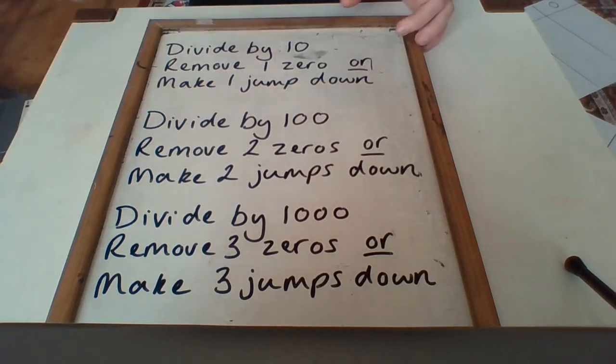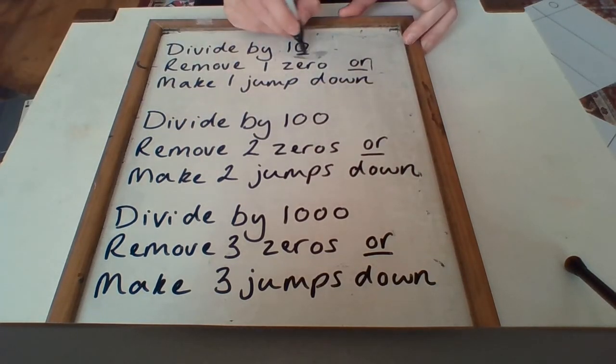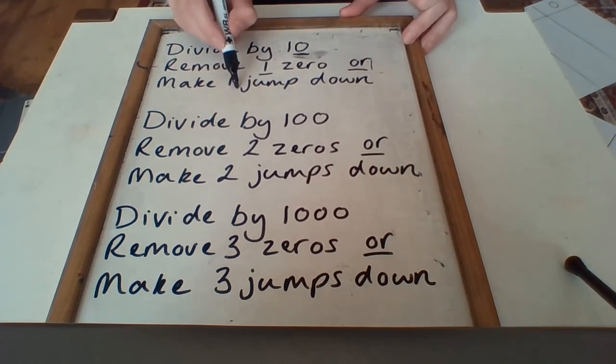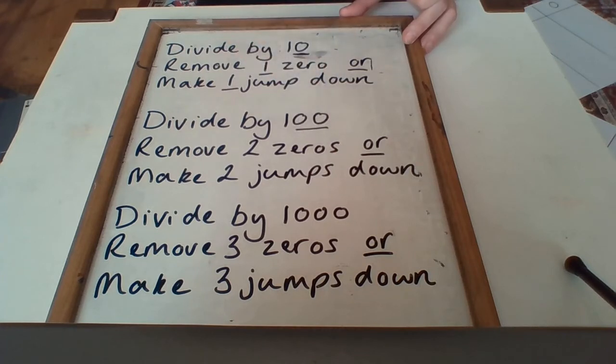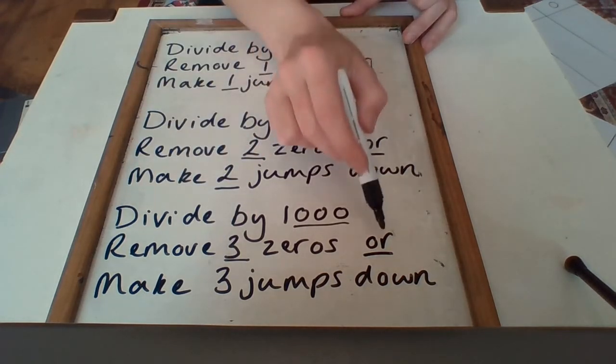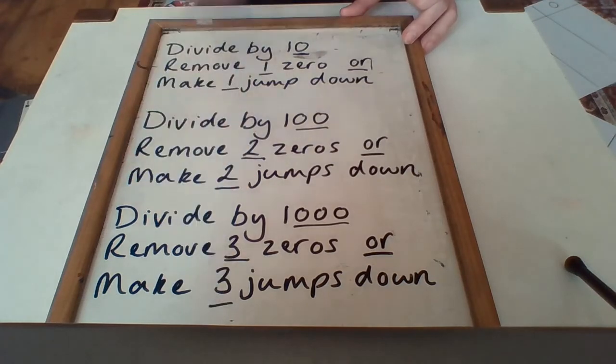Looking at the pattern here, to divide by 10, 10 has 1 zero, and we're either going to remove 1 zero or make 1 jump. To divide by 100, 100 has 2 zeros. We can either remove 2 zeros or make 2 jumps. And to divide by 1,000, which has 3 zeros, we can either remove 3 zeros if your number has 3 zeros on the end, or make 3 jumps down the chart.